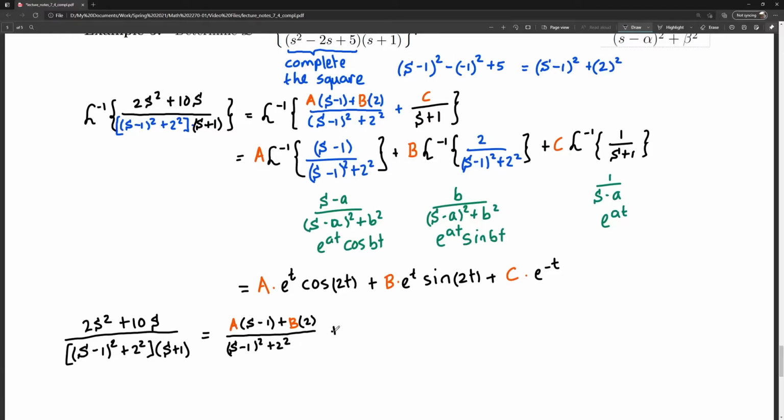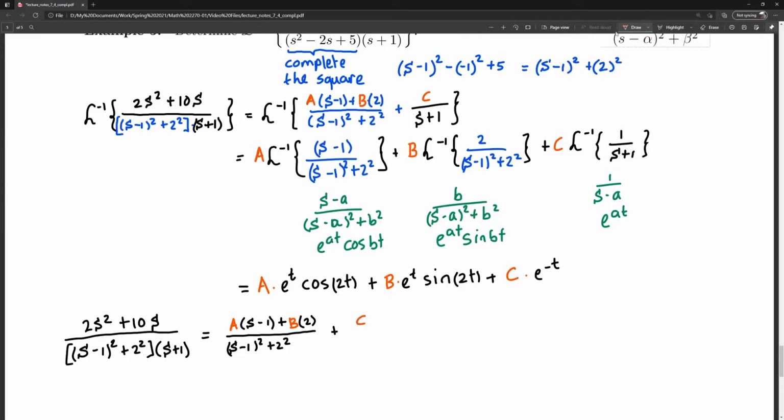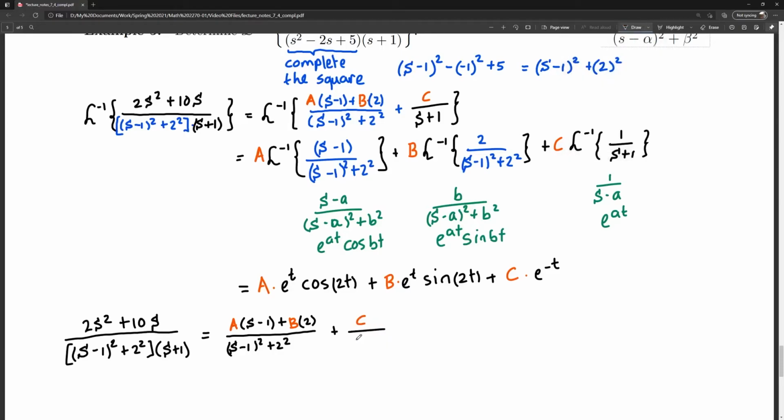And then the second part of our decomposed fraction is plus c over s plus 1.